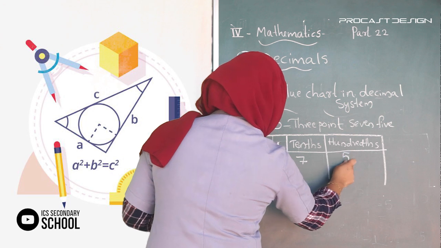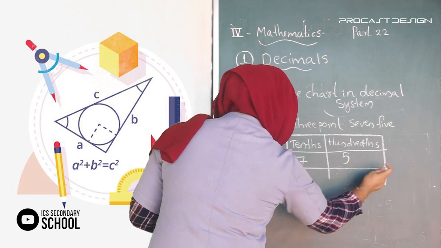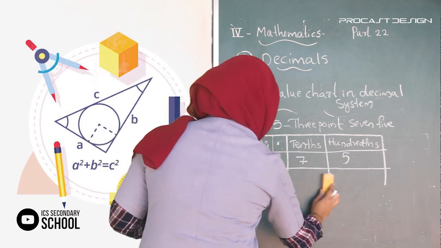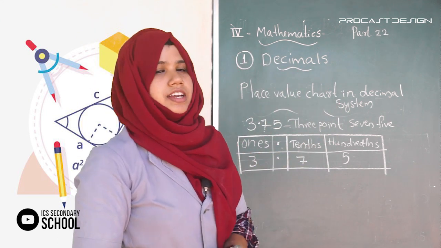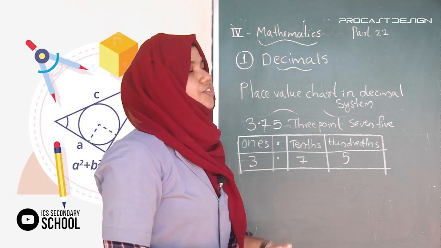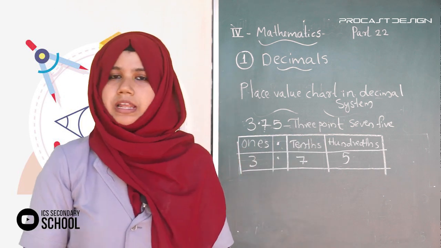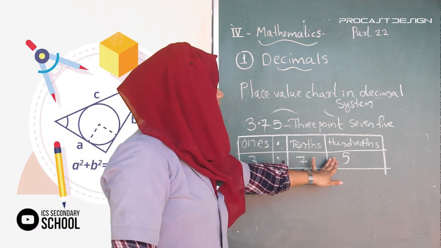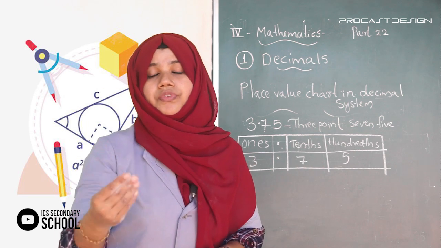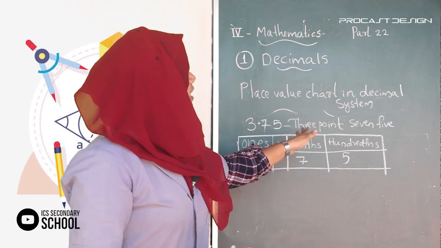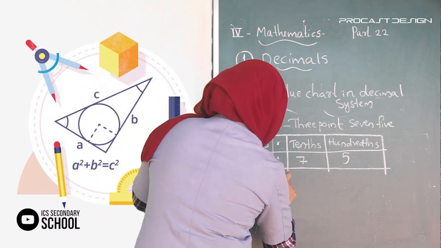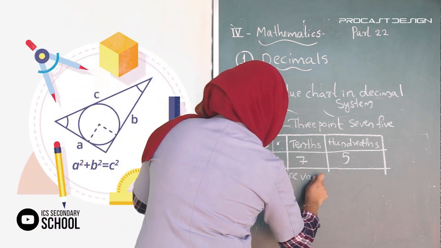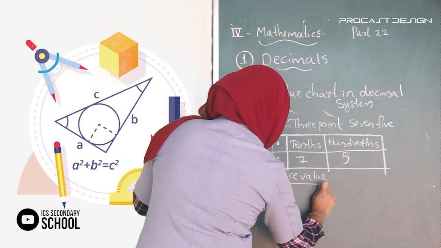3, 7 tenths and 5 hundredths. Next, yes, if the question is only to arrange the numbers in a place value chart, you have to write this only. But if you have to write the place value of the digits in this number, write the place value.